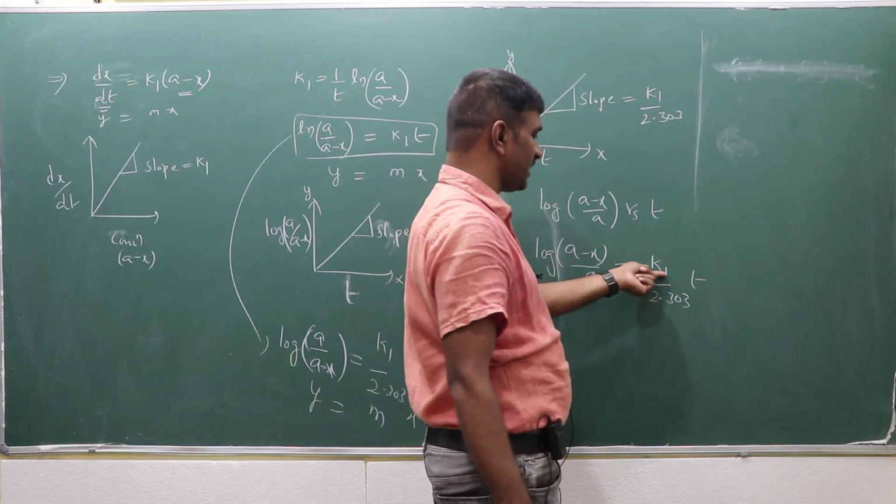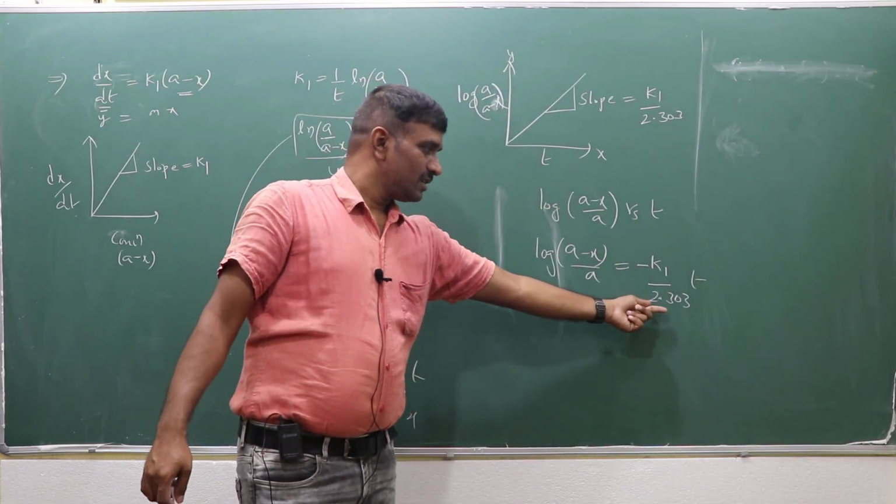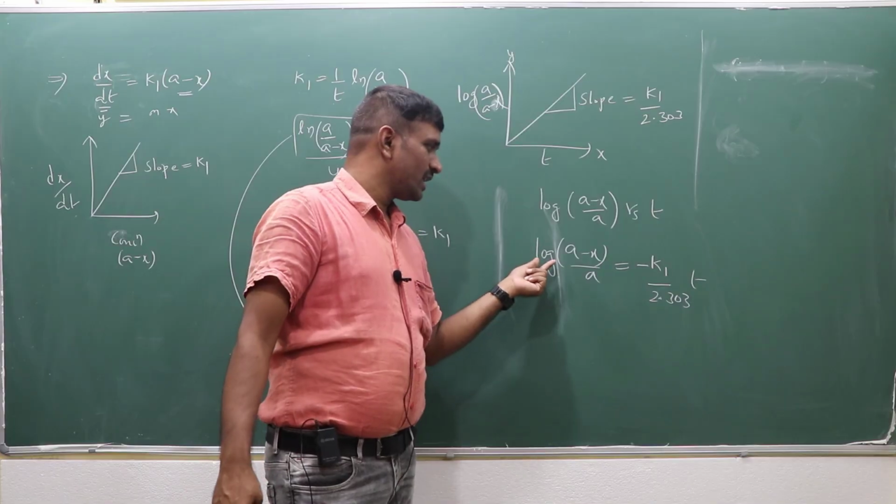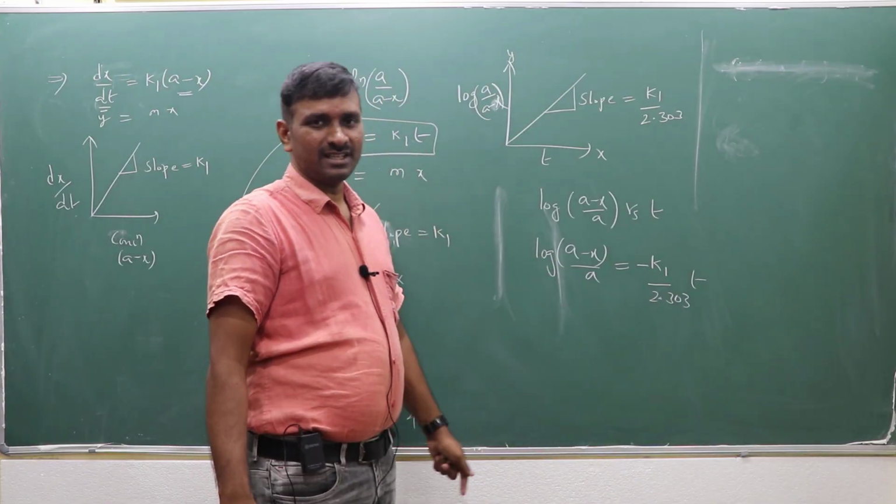If ln is there, it is minus k1 t. Only if log is there, 2.303 is added.